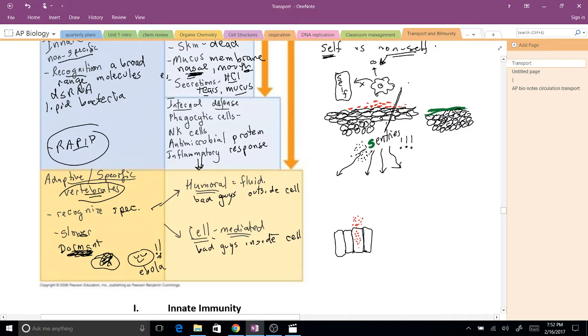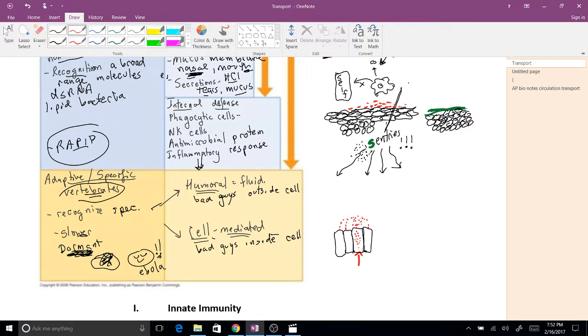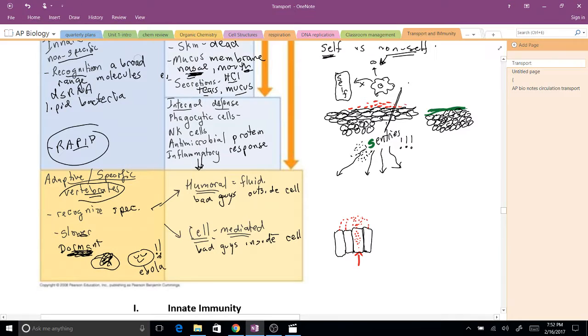Well, the problem is, as long as that cell is alive, it's going to be making viruses that can then infect neighboring cells. So this cell now needs to be gone. Just like the zombie movies, that poor guy has to be gotten rid of, and so we need to get rid of the pathogens inside the cells and then the pathogens outside the cells.